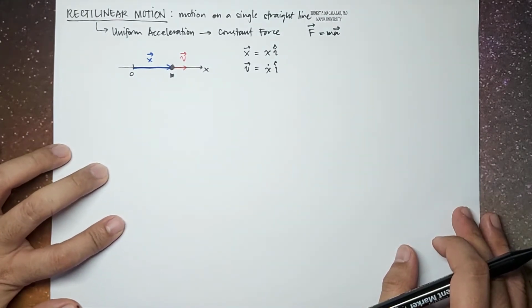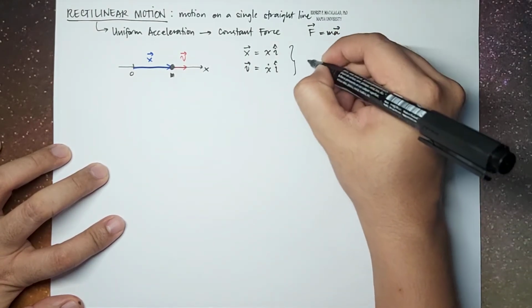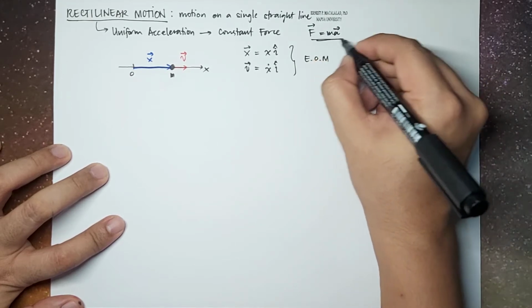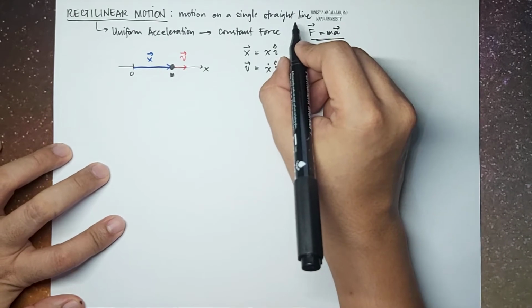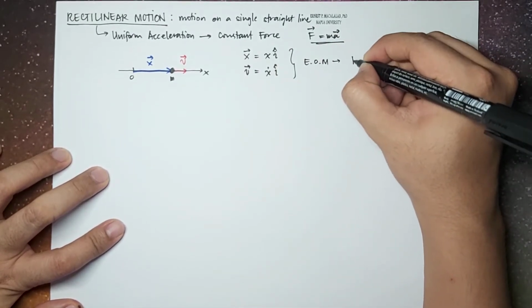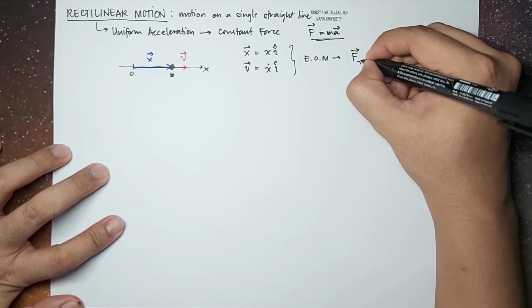So the equation of motion in terms of Newton's second law of motion in one dimension is now written as F along x.